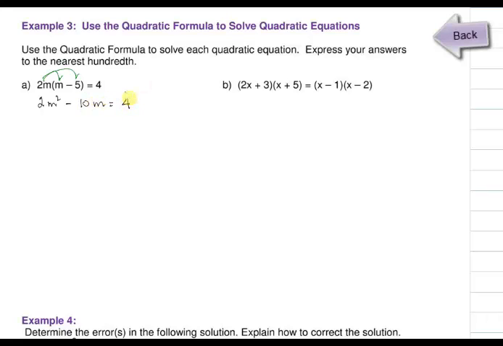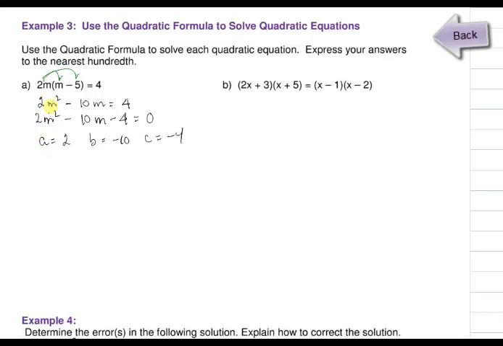And then you will move the 4 over to the left, and it becomes negative. So a is 2, b is negative 10, and c is negative 4.